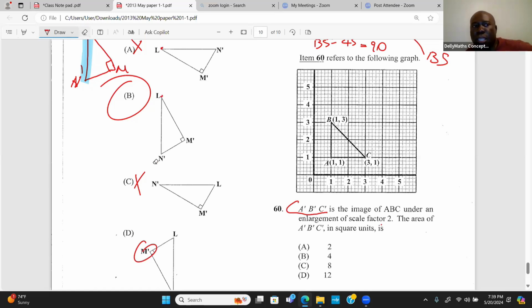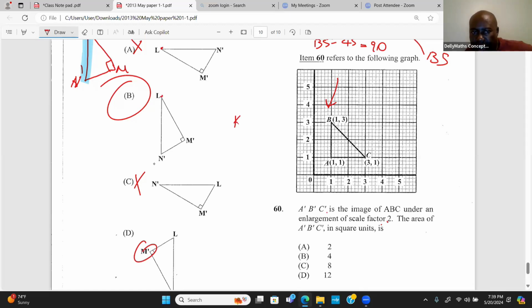All right. So the thing is, when you're doing this, the only thing you have to do is make sure that you know what's your image and what's your object. So you could say the object is original A, B, C, and they're saying that A prime, B prime, C prime is the image of it under the enlargement scale factor 2. So if the scale factor is 2, everything doubles up. But you see, when you're doing area, because they're not asking for the shape, I'm telling you now, area.